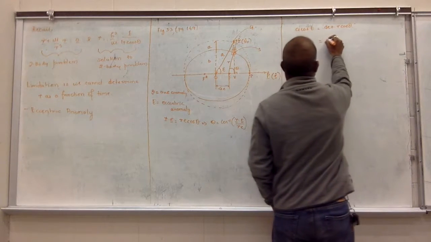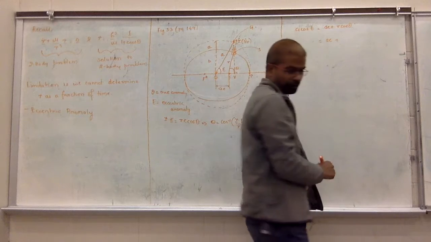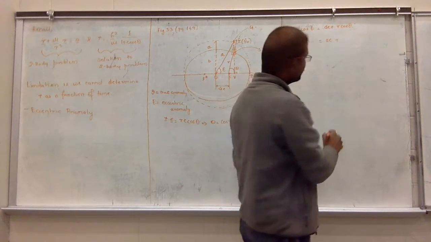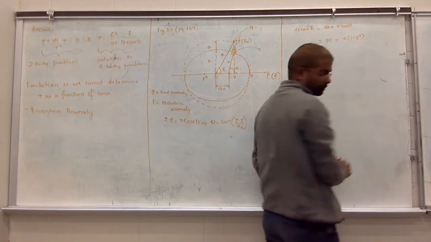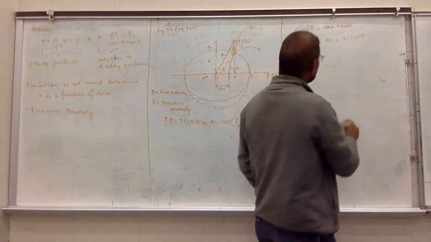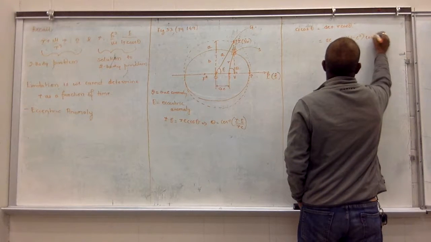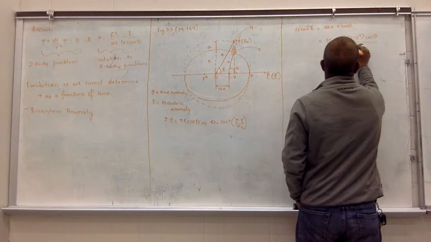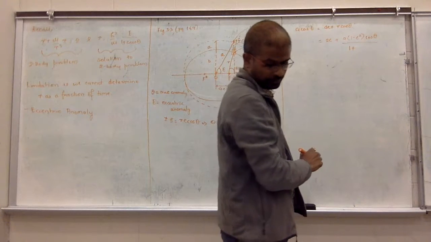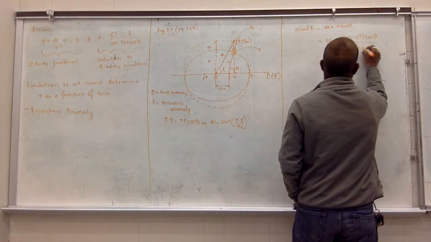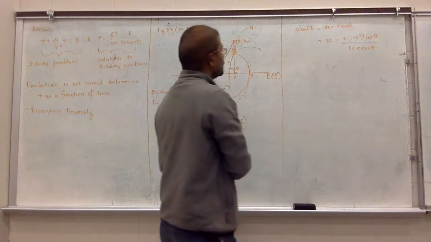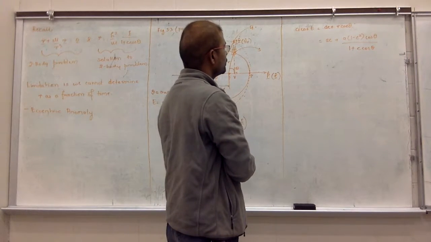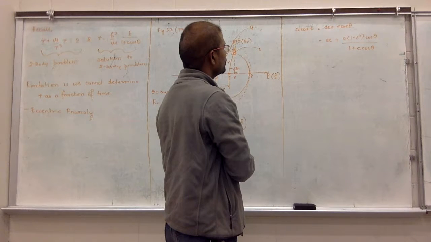So write this as equal to AE plus A into 1 minus E squared.